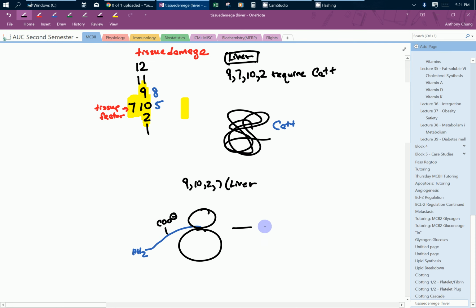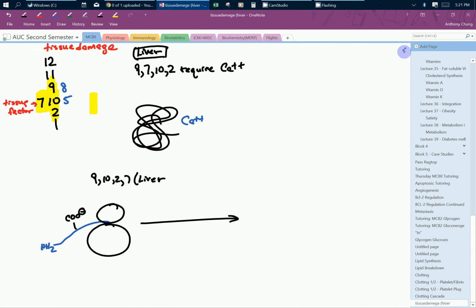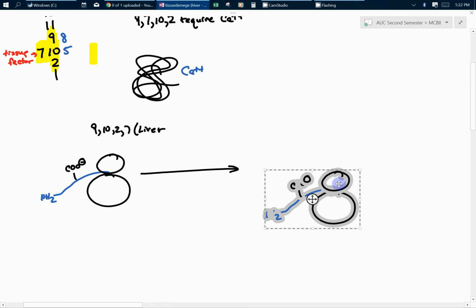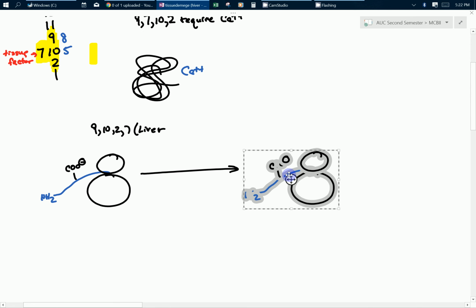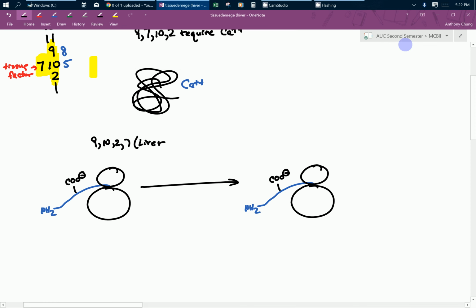So what we ended up doing is utilizing this enzyme. I can never copy with this. Yeah, there we go. Copy, paste. And we added another carboxyl group on it.